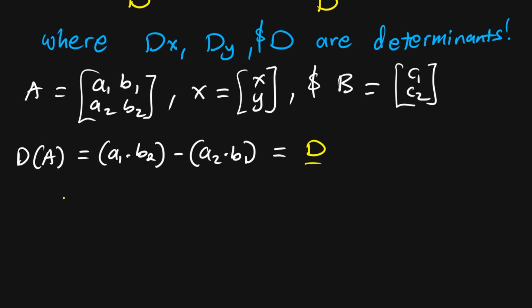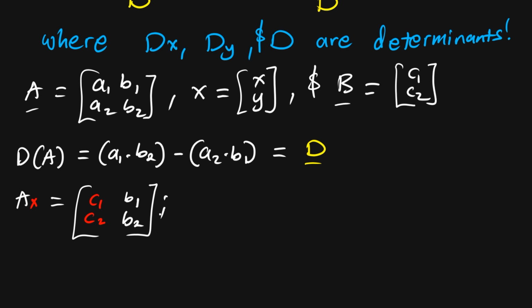But how do we obtain the value of dx and dy? To obtain the value of dx, we have to have a matrix Ax. To obtain the matrix Ax, we modify this matrix A by replacing the coefficients of x from the linear equations, which is a1 and a2, with the elements in B. So this will become c1, c2 instead of a1, a2, but we maintain b1 and b2.